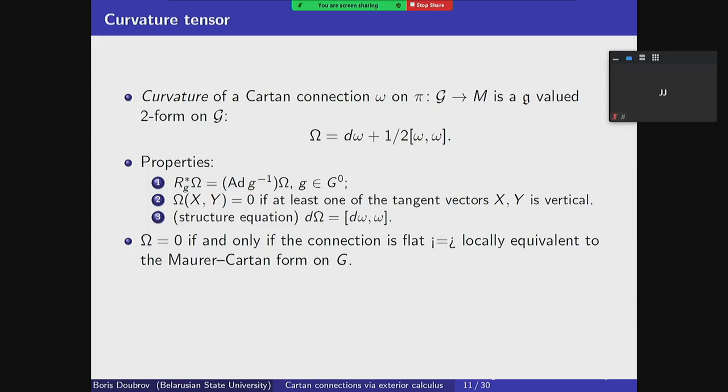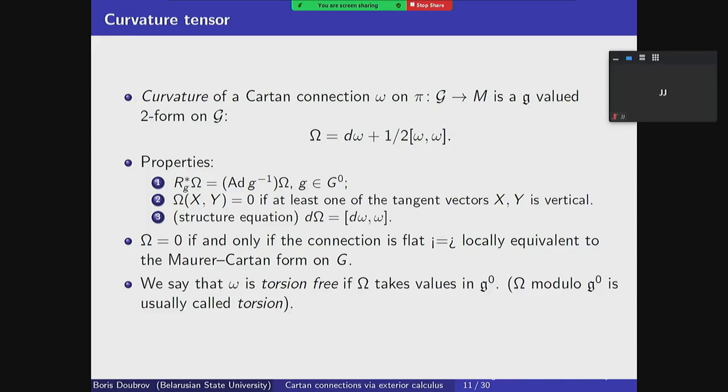So omega is equal to 0 if and only if the connection is flat, which is the same as locally equivalent to the Cartan form in G.